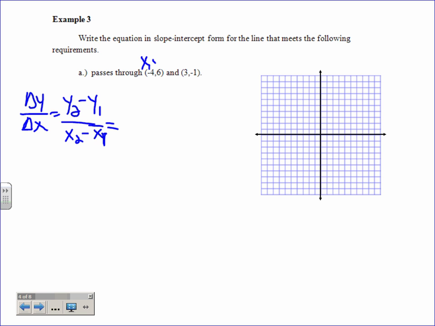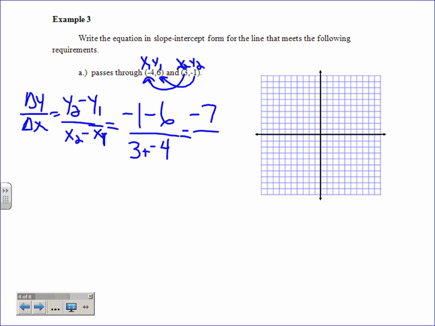So if we go x1, y1, x2, y2, it would be, well, negative 1 minus 6 over 3 minus a negative 4. Basically, all I did was went like that. My top is negative 7.